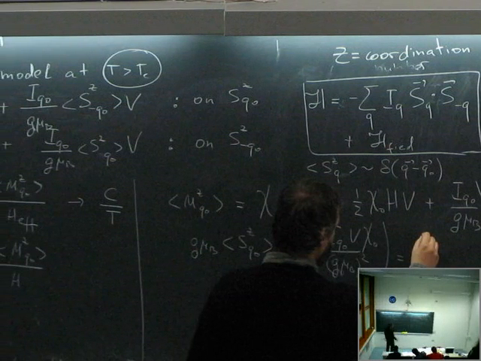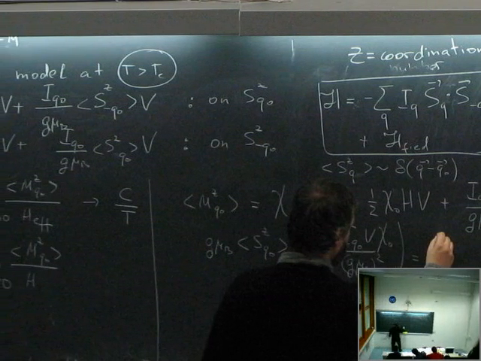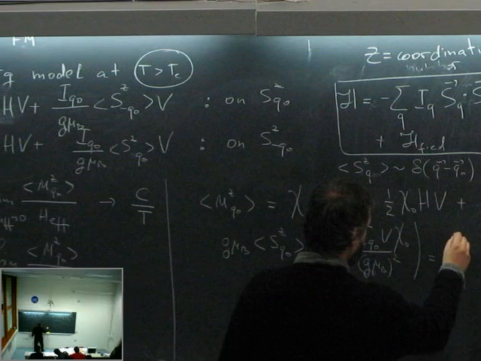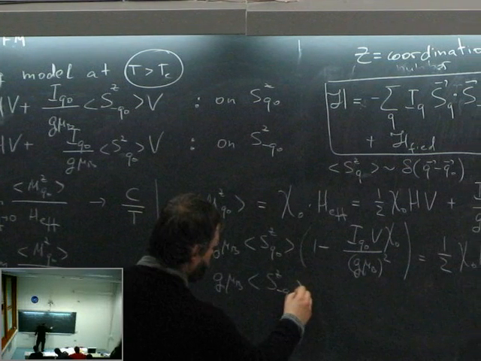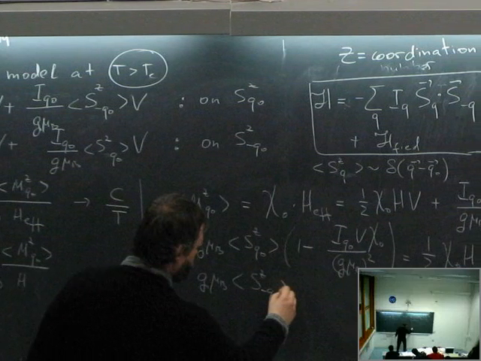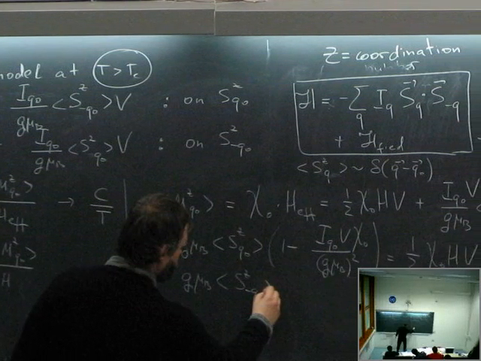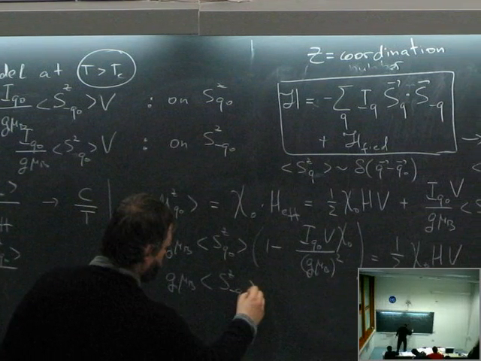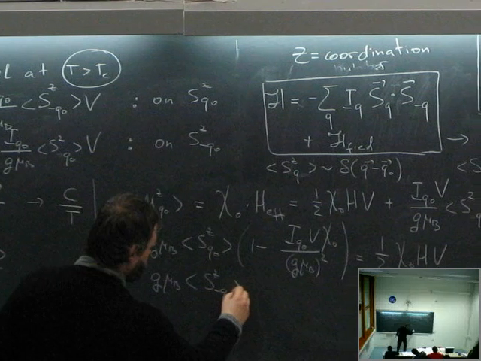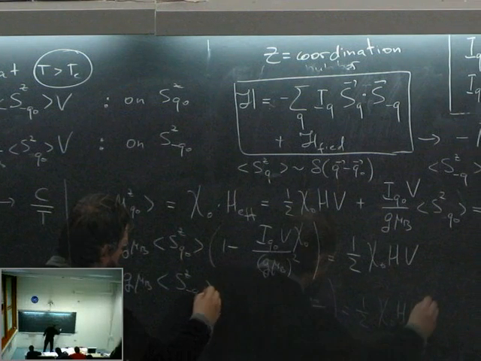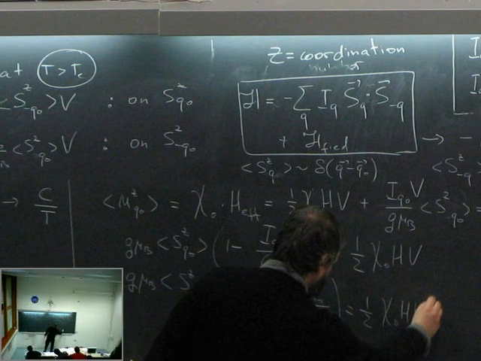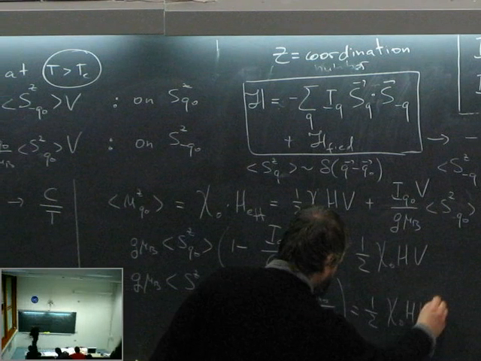The same way for g μ_B S^z_{-Q0}, since it's practically the same: [1 minus I(Q0) V chi_0 divided by (g μ_B)^2] is again equal to 1/2 chi_0 h.